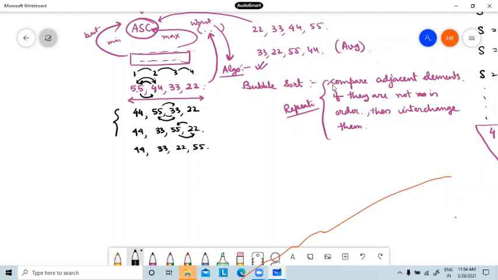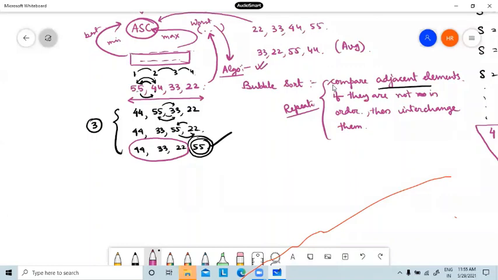So I have performed 3 adjacent element comparisons. And after these 3 comparisons, my maximum element is at its proper position. No need to check this element again. So I will perform the same operation with the rest.